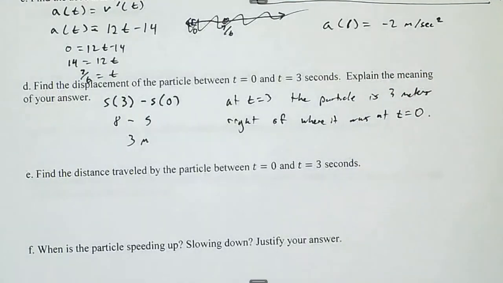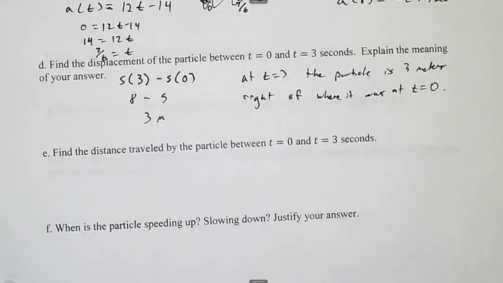Displacement talks about position, and it has a direction. If we're moving right or left, a positive displacement is a move to the right. It doesn't tell us anything else about that, though. It doesn't tell us how far it traveled or the story of how it got there. It's simply a snapshot at 2 instances of time, and says that at the instance when t equals 3, you happen to be positioned 3 units to the right, in this case meters, of where you were at t equals 0.